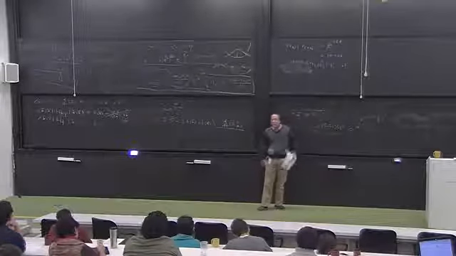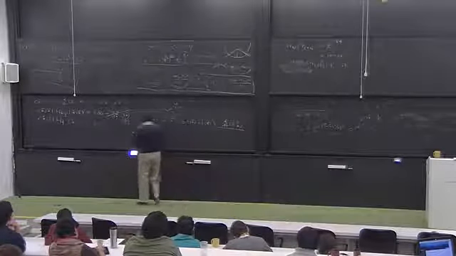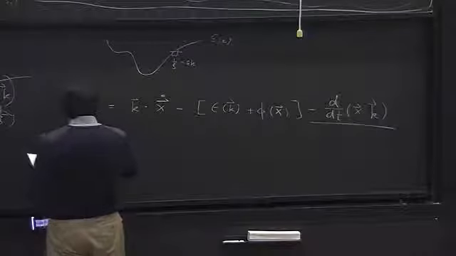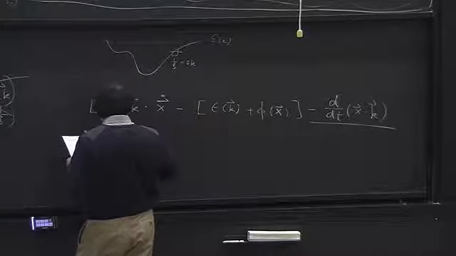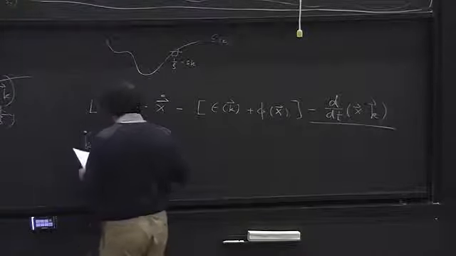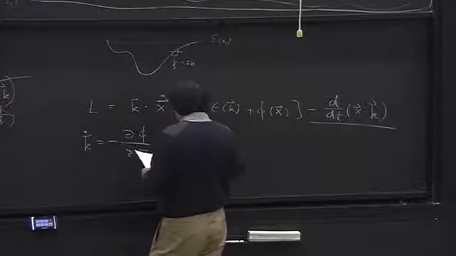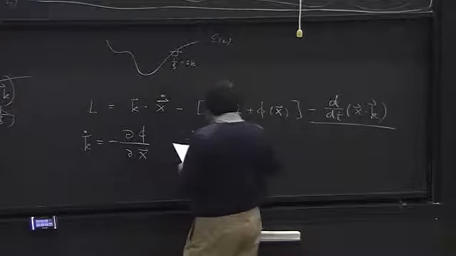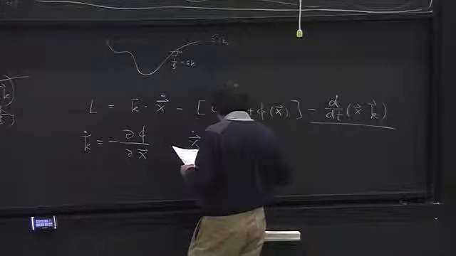Okay, so now we have a classical picture. The equation of motion from this will be k dot equal to minus partial phi partial x, and x dot equal to partial epsilon partial k.